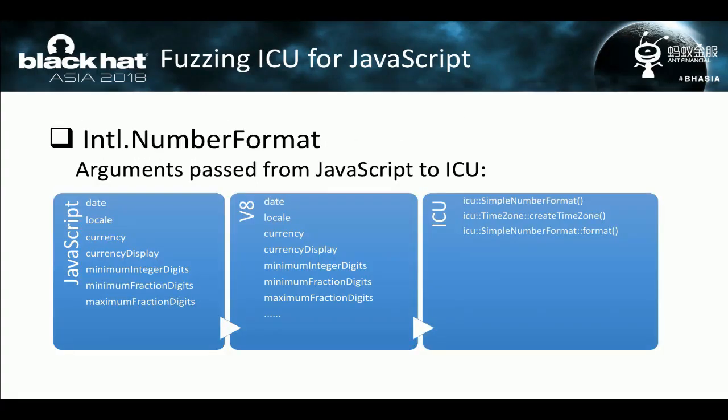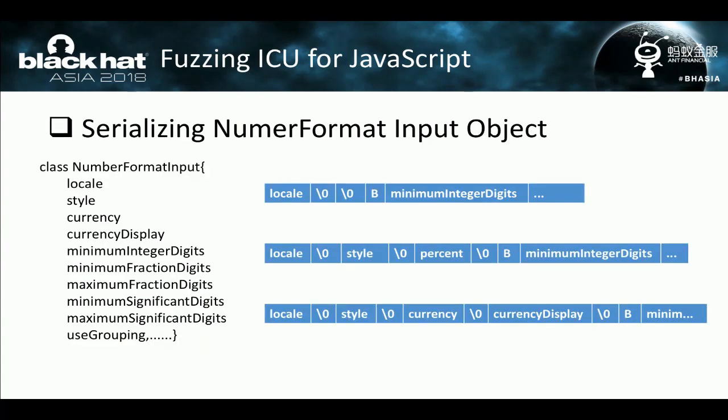But NumberFormat is more complicated. There are many arguments passed to ICU, so the input arguments object is very big, and there are many branches.